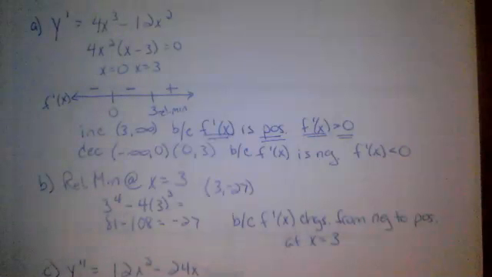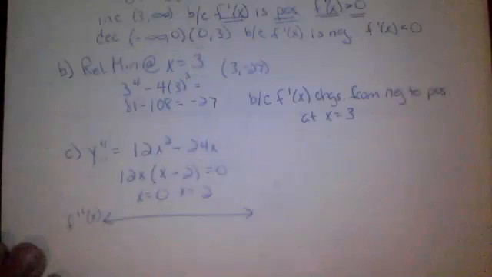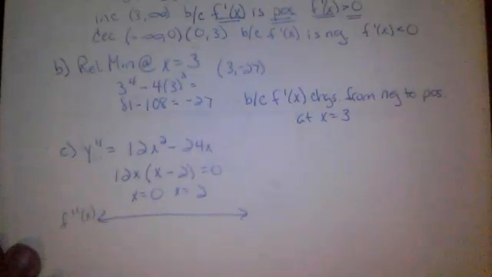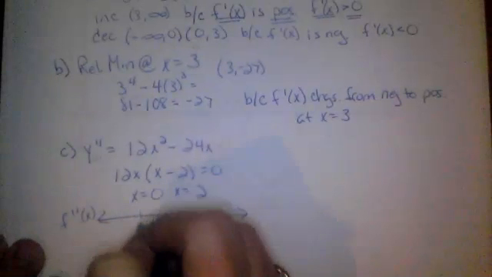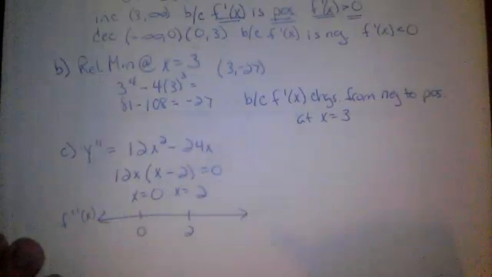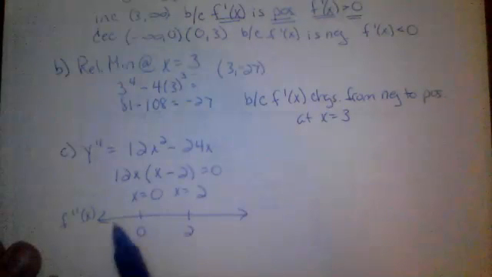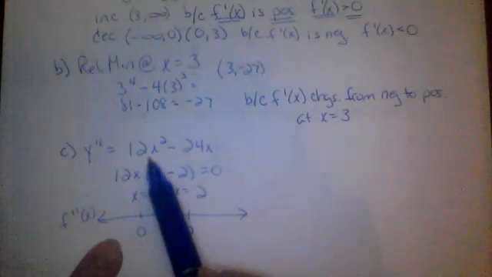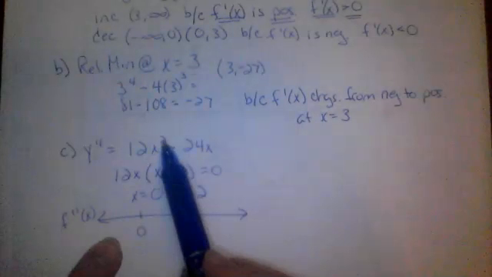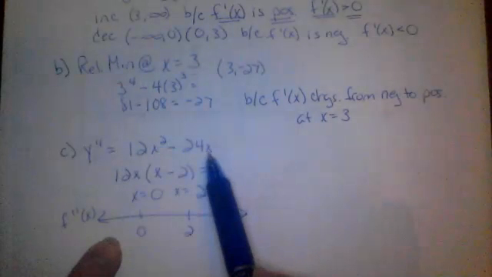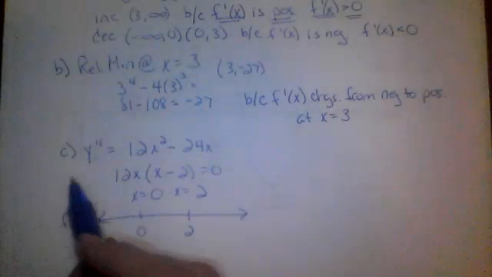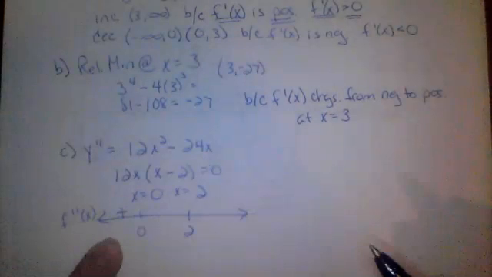And I'm going to put that on the number line, but this time it's my second derivative number line. Sorry, probably couldn't see that. All right, again, it's an open interval, so I'm just going to put 0 and 2 on my graph, and then I'm going to test the points in the second derivative. So I'm going to put negative 1 in here. Negative 1 squared would be positive, so this is positive 12. Negative 1 in here would make this positive, so that's a big positive number.